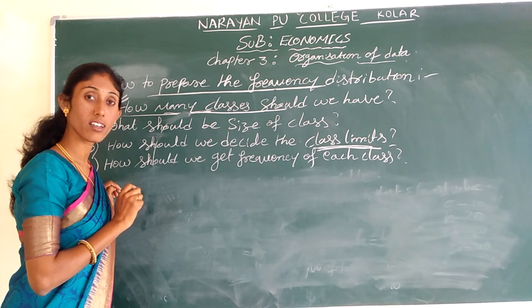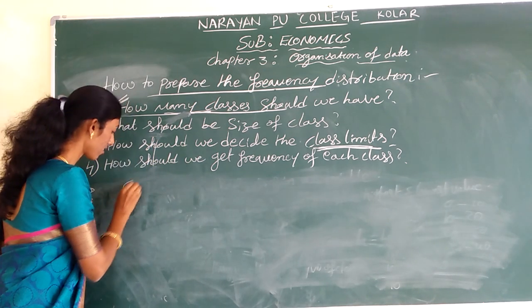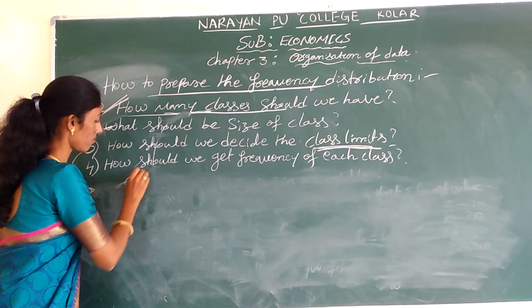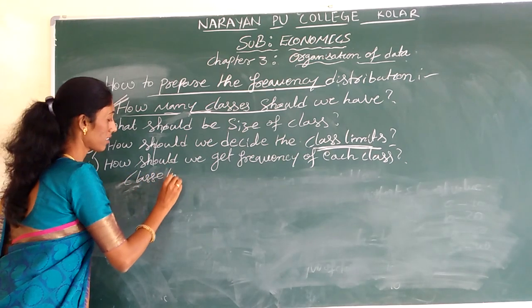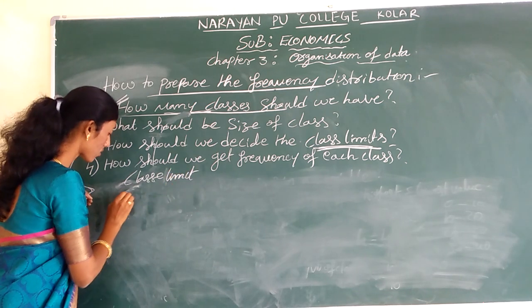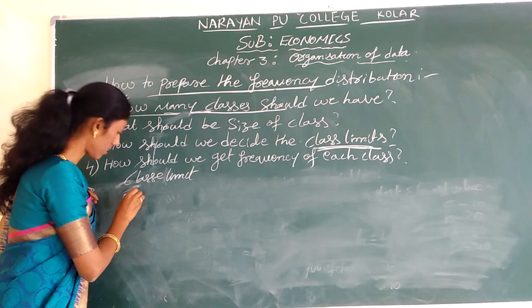Now for the example, in the raw data the lowest value is 0. Then the first class range lower limit will start from 0.